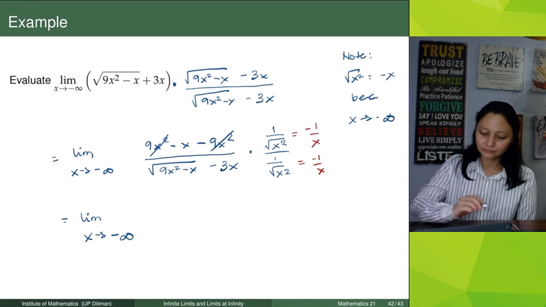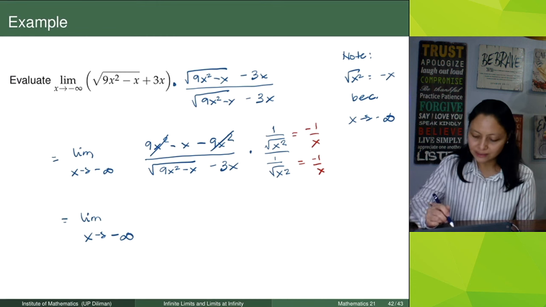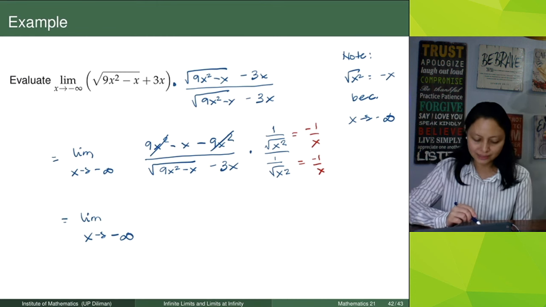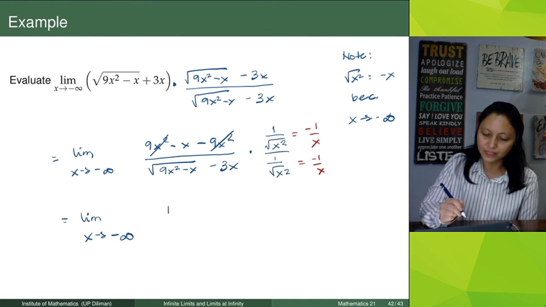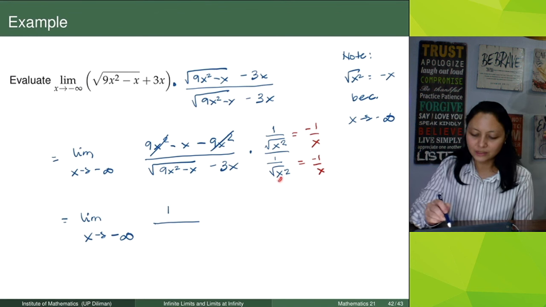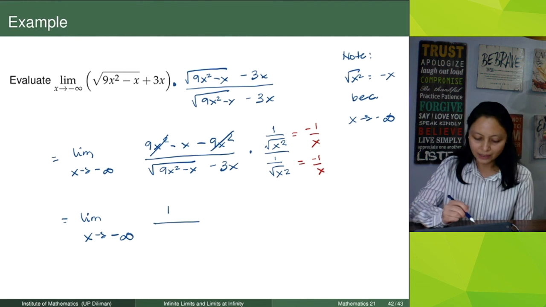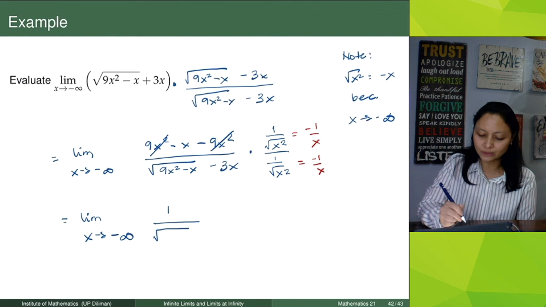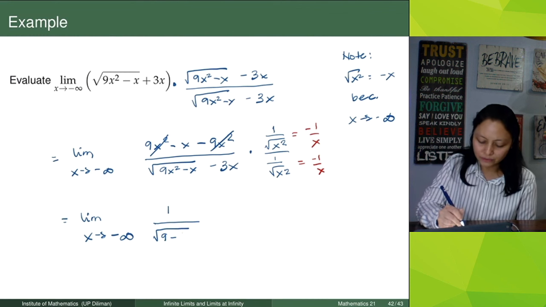So negative 1 over x times negative x will be positive 1. Then, for the radical, we use 1 over the square root of x squared, so you have 9 minus 1 over x.